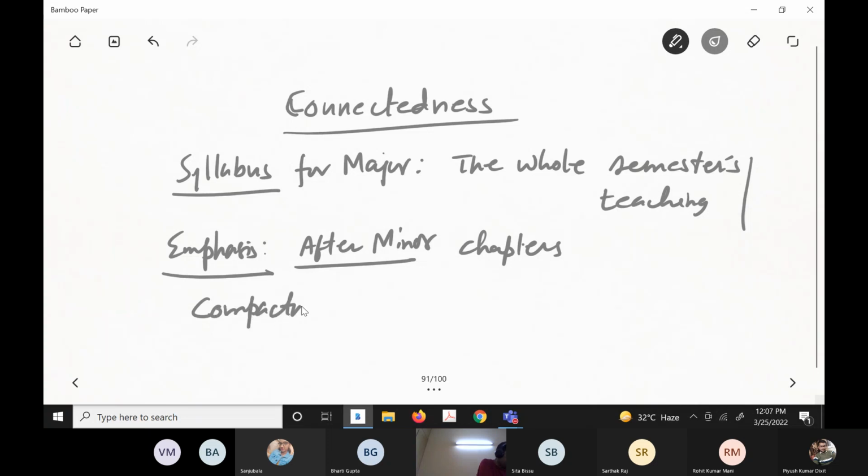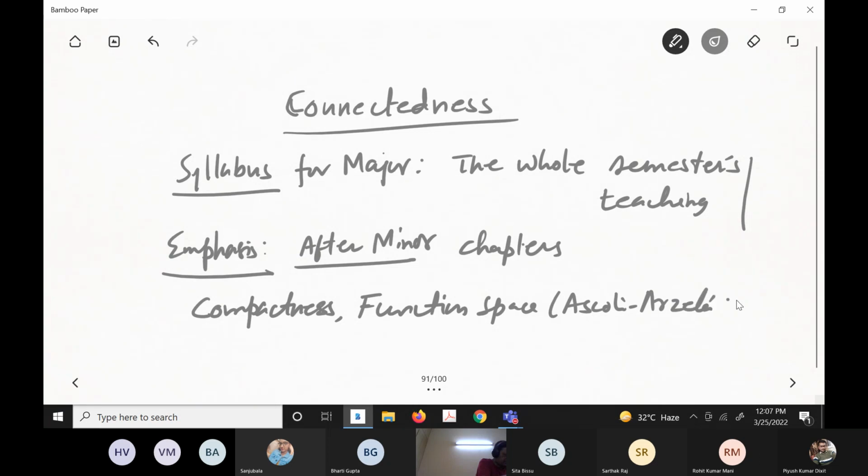compactness, function space. Under function space will come the Ascoli-Arzela theorem, particularly the Arzela theorem, Dini's theorem, and the Stone-Weierstrass theorem.